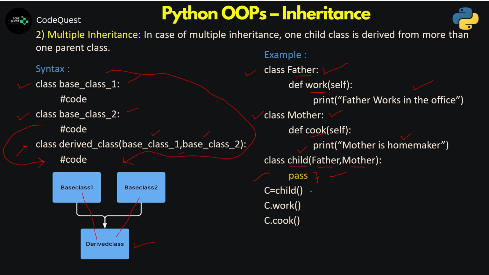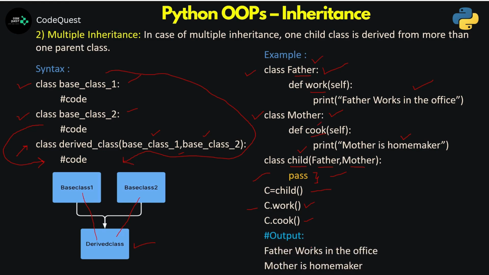In this line, we just created the object of this derived class, that is Child. With this, I'm going to invoke the work method, which is actually part of the base class Father. And I'm calling the cook method, which is once again a method belonging to the second base class, that is Mother.